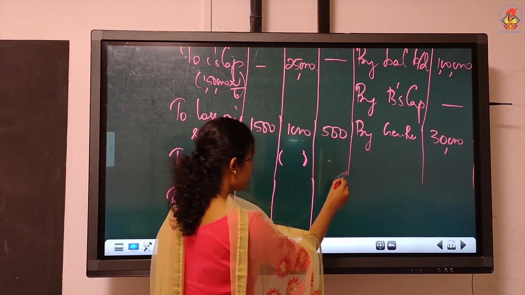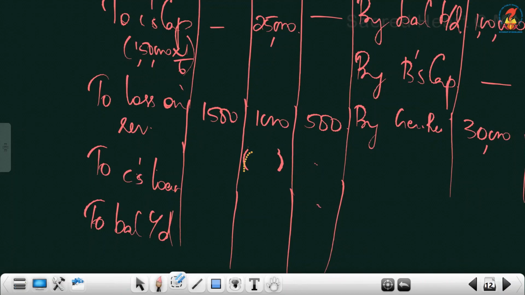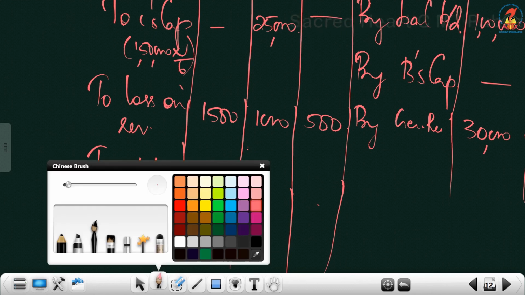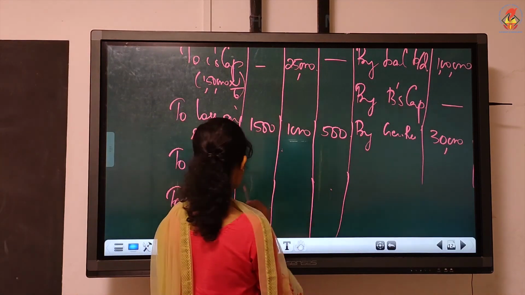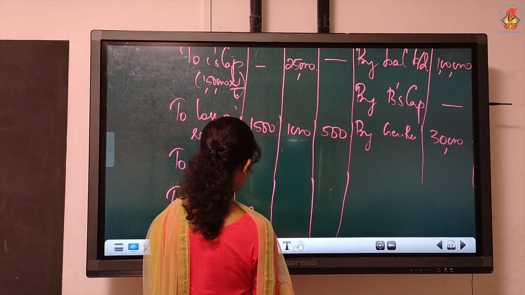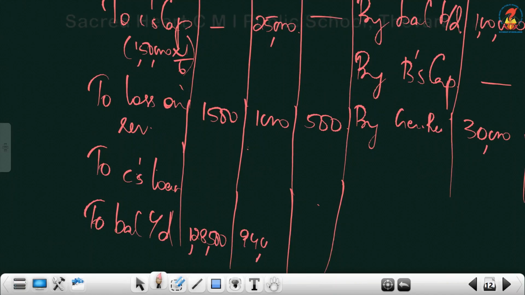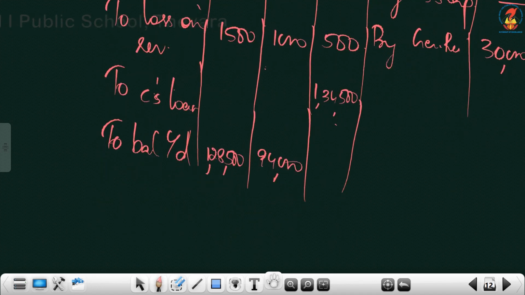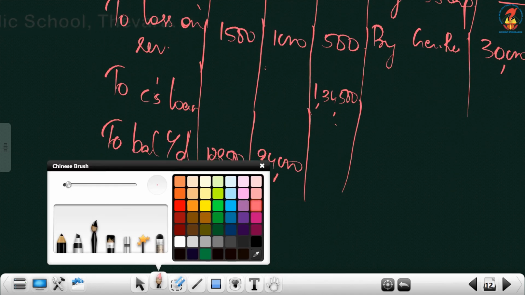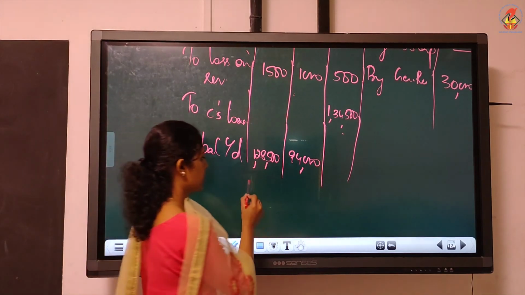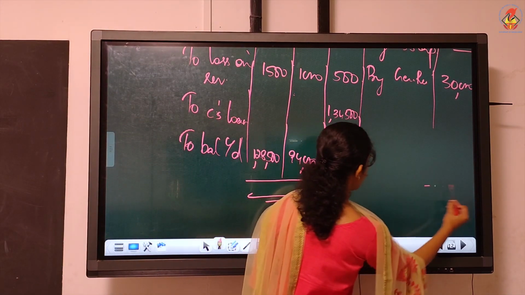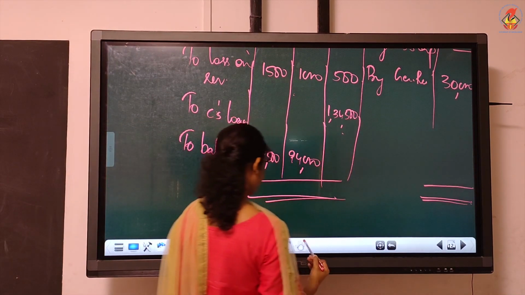So now we'll write the balancing figures. 1,28,500, then 94,000, and for partner C, 1,34,500. So all these three are the balancing figures. Then you can just close your partner's capital.